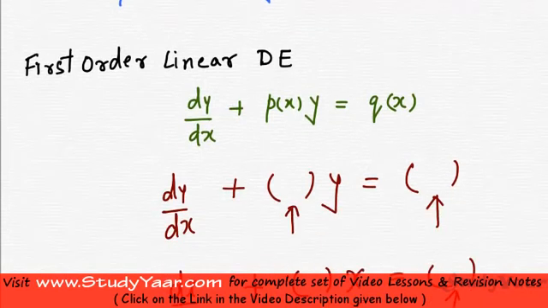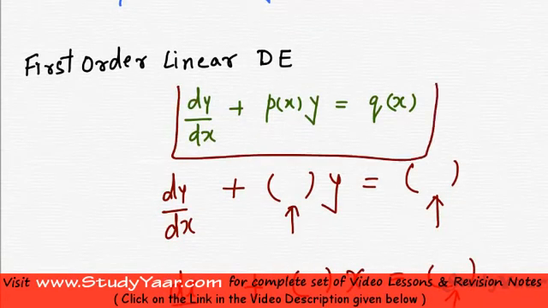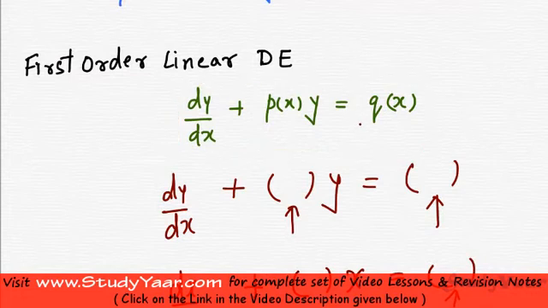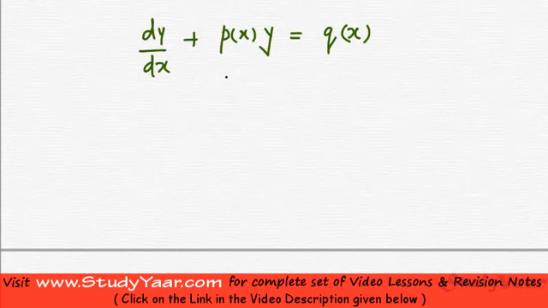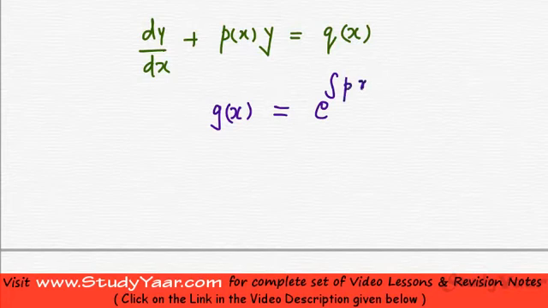Let us understand how we are going to find a solution to this linear differential equation. Let us define another function g(x) based on P(x) like this. I have g(x), which I say is equal to e raised to power integral P(x) dx. Now let us see what I get if I differentiate it. d/dx of g(x) is going to be what?